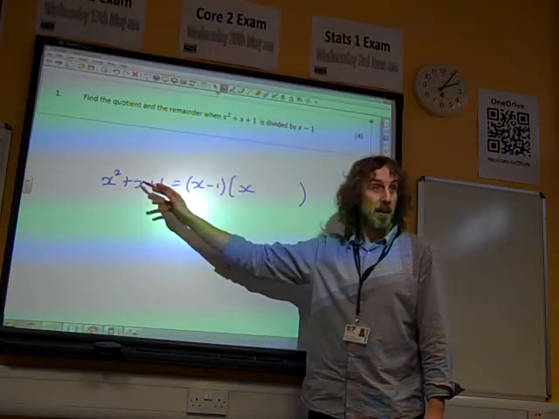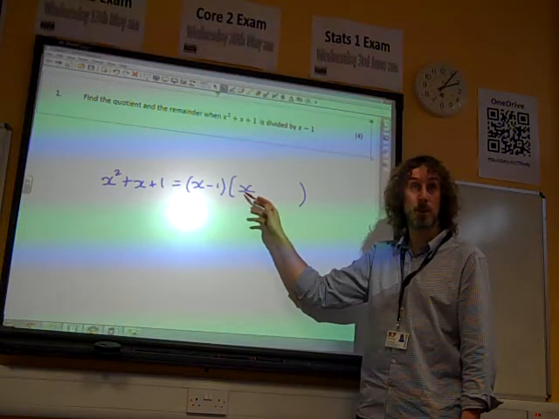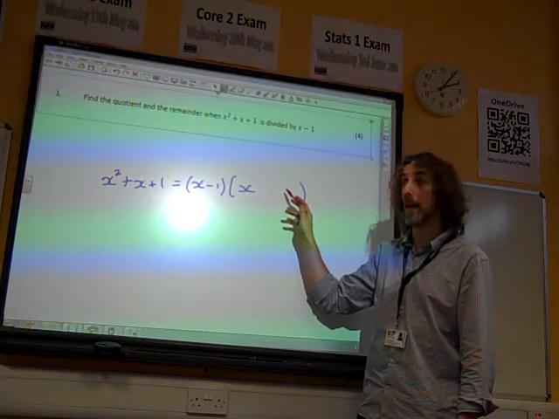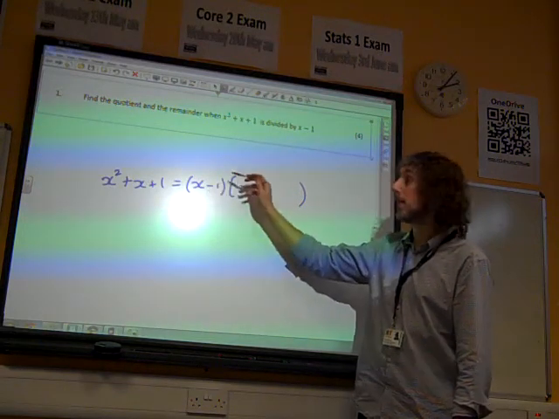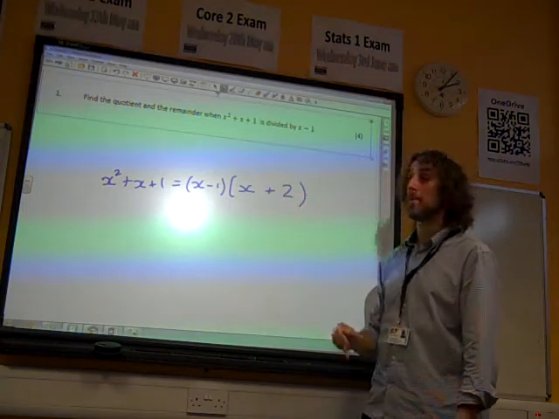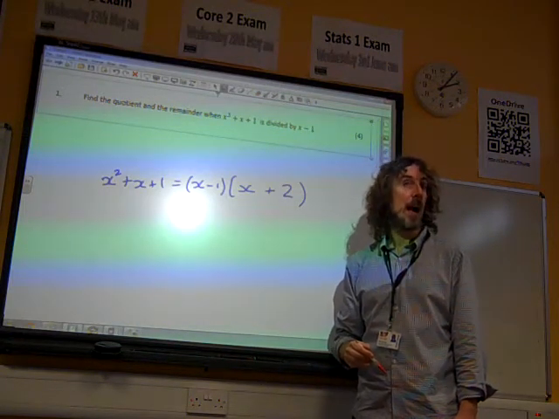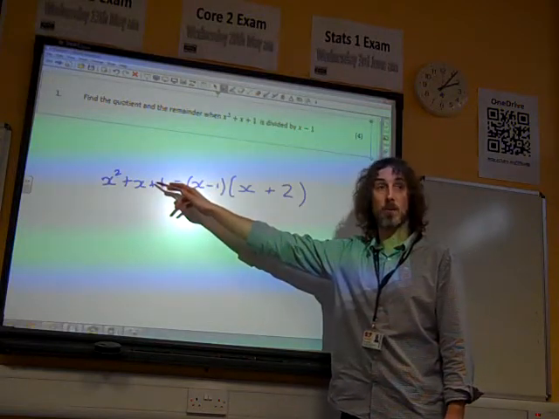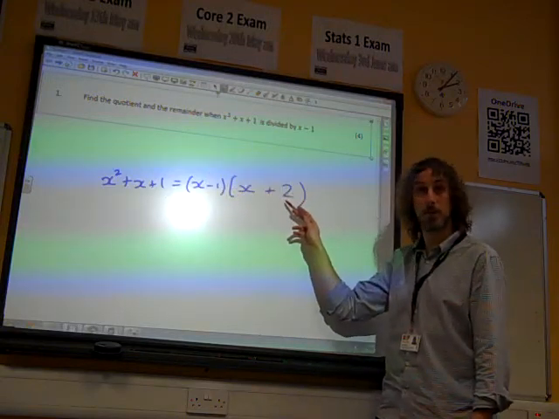We need an x in the middle. Now at the moment we've got minus 1 of them. So this bit here must make it up to being plus 1. So to get from minus 1 to plus 1, this would need to be a plus 2 to give us the extra 2x. And if we sort out the numbers, we need to have a plus 1 ultimately. At the moment we've got a minus 2.